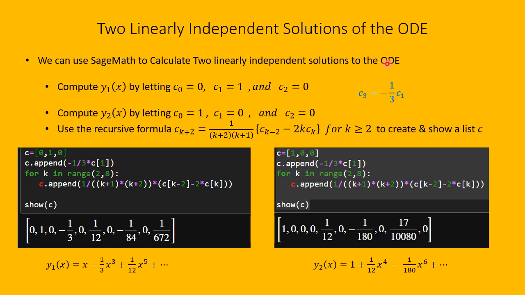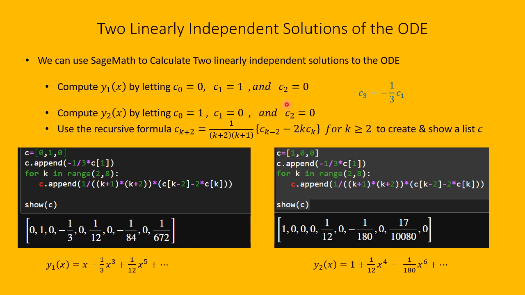And so what we'll do is pick two different choices for those two coefficients. So for y sub 1, let's let C naught equal 0, C sub 1 equal 1, and C sub 2 equals 0. We found out that C sub 2 in any solution had to have the value 0.